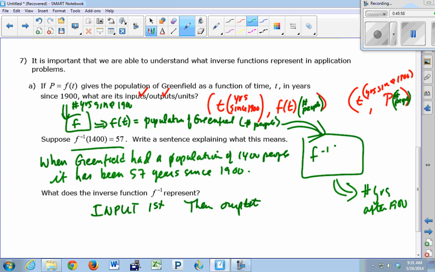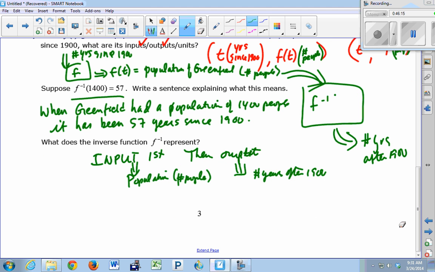So my input is my population in terms of the number of people. And my output is the number of years after 1900. So once I figure that out, then I can write my sentence. My inverse function tells me that given the population, you can always start with given if it helps you to have a little structure.